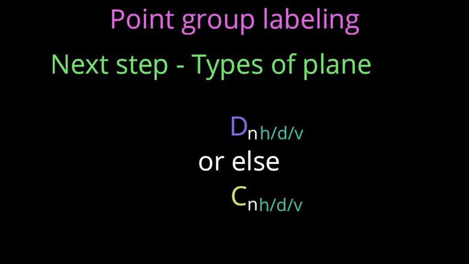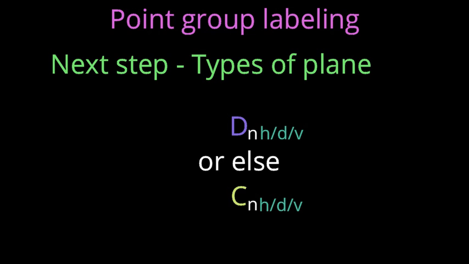Second is dihedral and third one is vertical. While arranging in a group, gathering all the operations, we were considering vertical first, then dihedral. But here while labeling, dihedral will come first, then vertical. That is a priority.